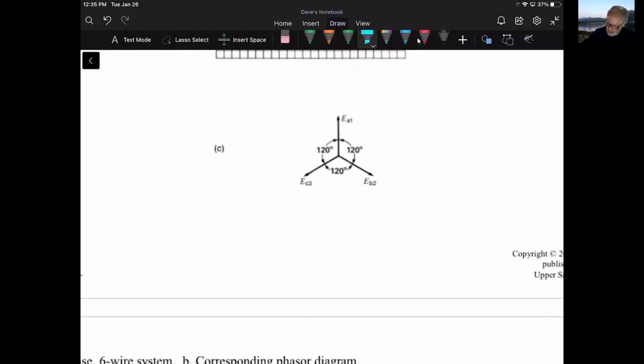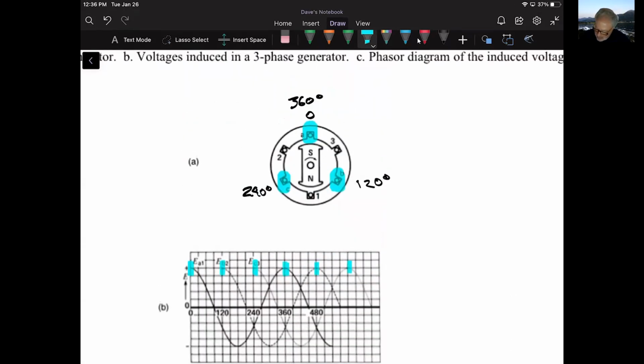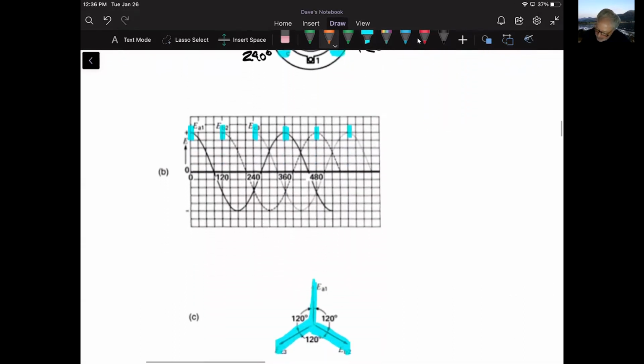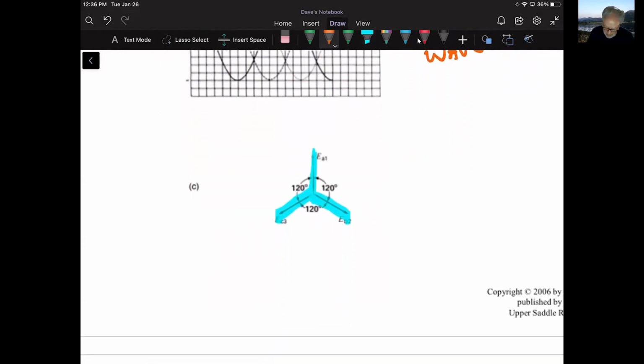Then if we wanted to represent this same thing with the use of vectors, or as we say in electricity, phasors, here's EA1, and here's EB2, and here's EB3, and we can see this 120 degree separation. So we've looked at the actual physical construction of the generator, the output voltages in terms of the sinusoidal outputs that are created, and that same representation in vector notation, noting the 120 degree separation between those.